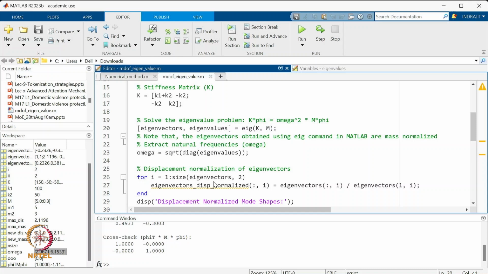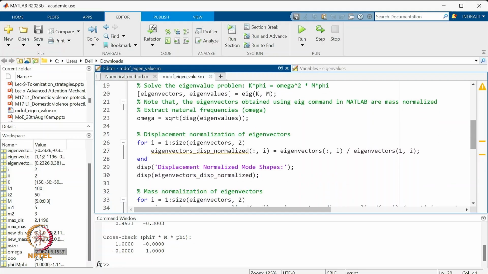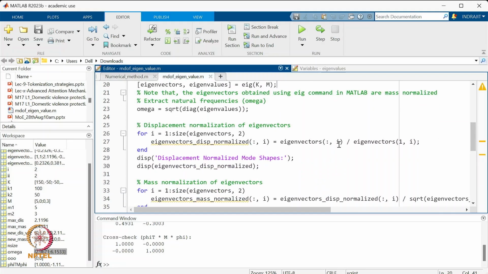So in the displacement normalization, it is the eigenvector divided by the maximum eigenvector. Actually it should not be 1 comma i, it should be the max of the eigenvector, so that it divides by the maximum value whatever is coming. Then let's see how the displacement normalized eigenvector looks.